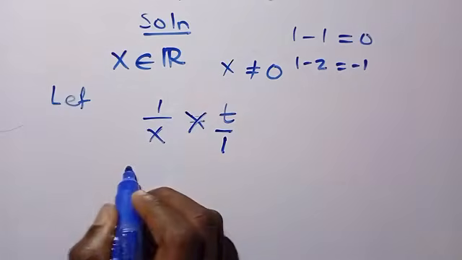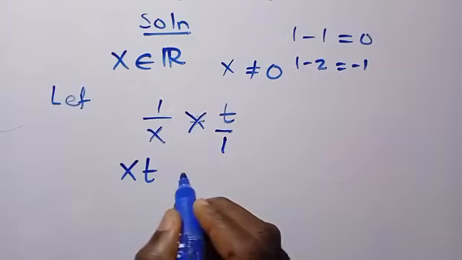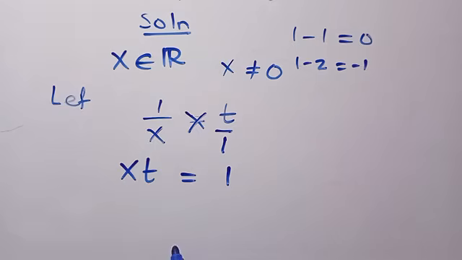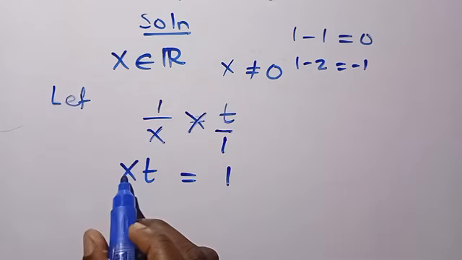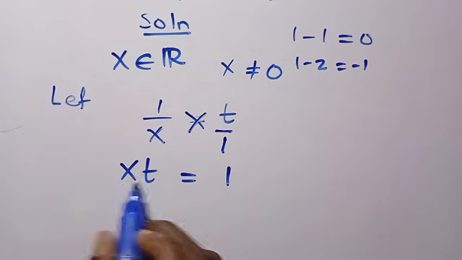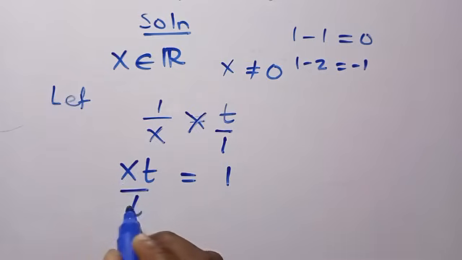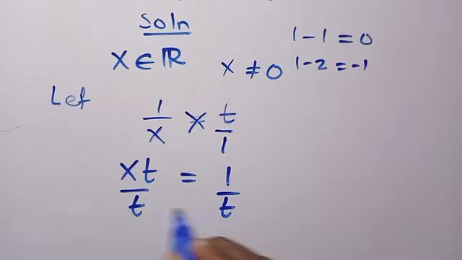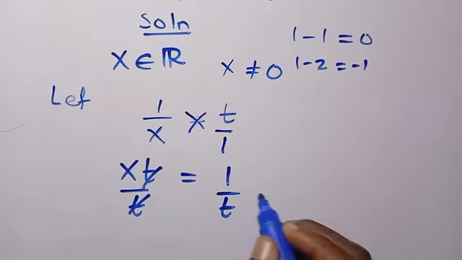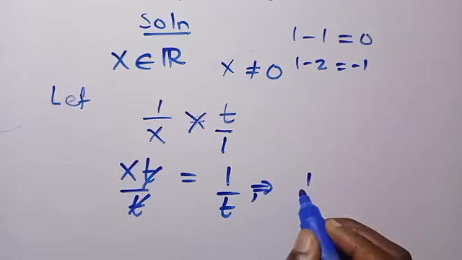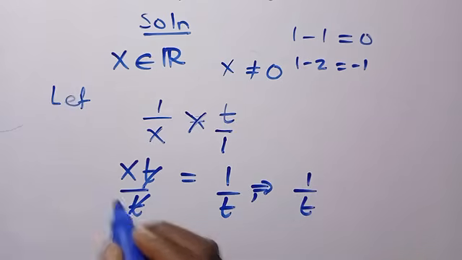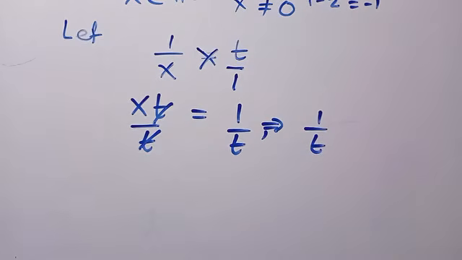By cross multiplying, we have xt equals 1. Then we make the x here the subject of the formula by dividing both sides by t. When we divide both sides by t, we cancel t, then we have the value of x equals 1 divided by t. That is the value of x.